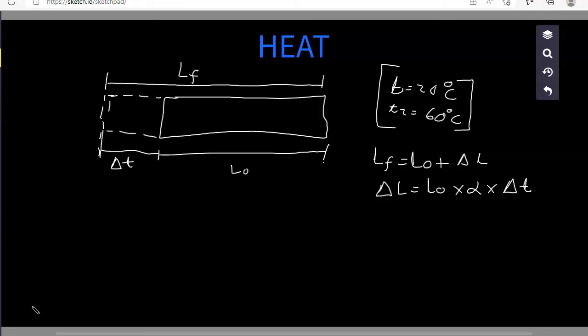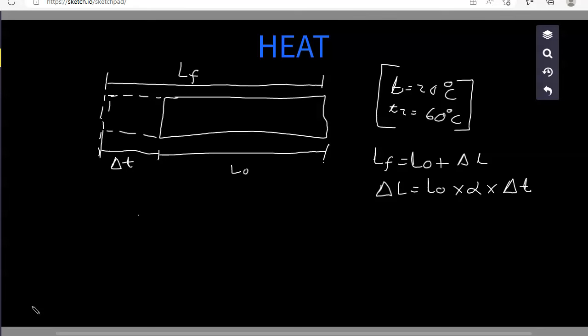Whenever we have a heat increase, the material subjected to it will increase in length. The final length is the original length plus the change in length, and the change in length is the original length times the coefficient of linear expansion times the temperature difference.